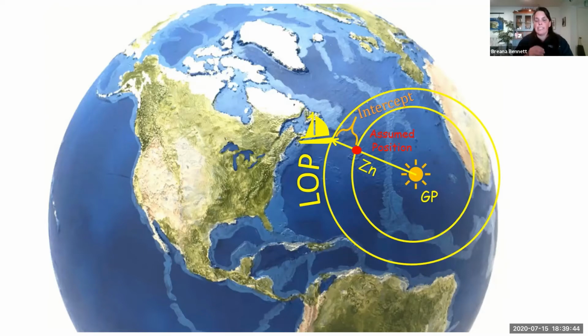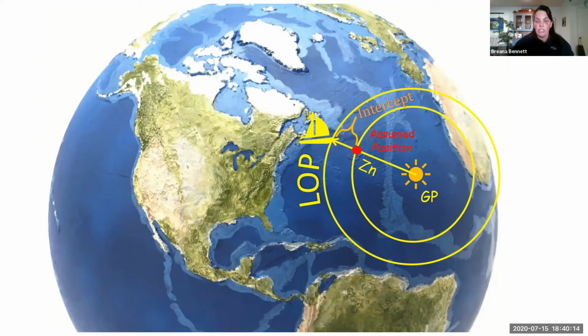But it's that point that we are creating a range and bearing from. So we're not going to create the range and bearing from the actual geographic position of the celestial body because it's way too far away. So we create an assumed position. And the cool thing is you can create an assumed position that is really off from where you are. But doing the calculation, it will correct itself.